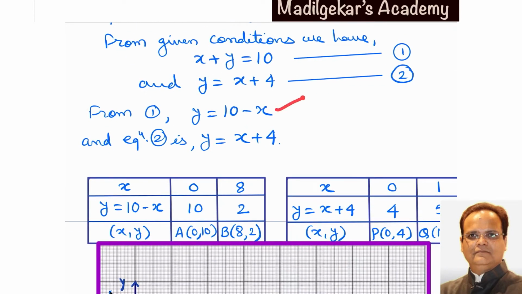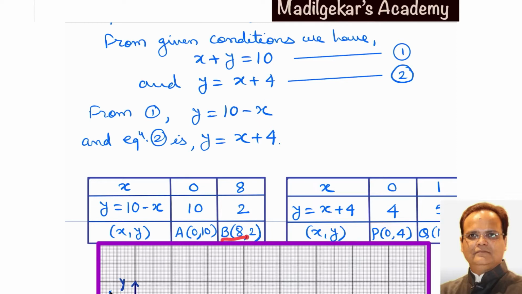Consider the first equation, y equals 10 minus x. If we substitute x equals 0 in the first equation, it gives 10 minus 0, that is 10. So the first point is (0, 10). Now put x equals 8. So 10 minus 8 gives 2.